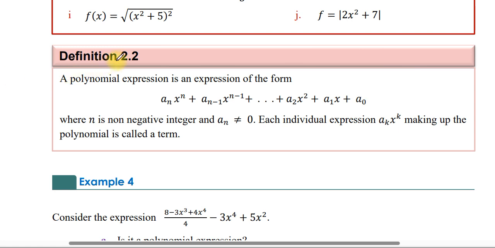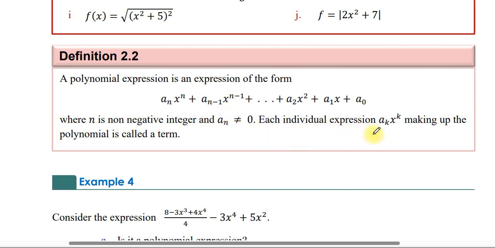Another definition 2.2. A polynomial expression is an expression of the form an x to the power of n plus an minus 1 x to the power of n minus 1 plus a2 x to the power of 2 plus a1 x plus a naught, where n is a negative integer and n different from zero.